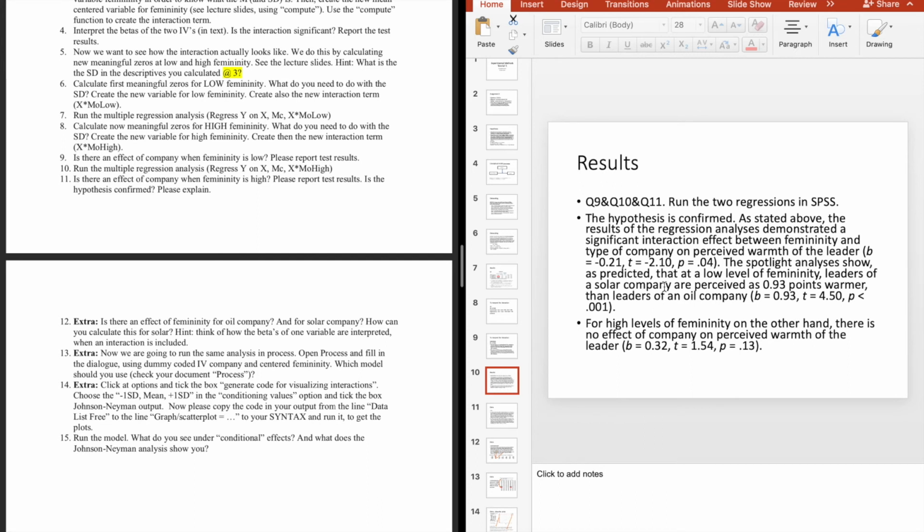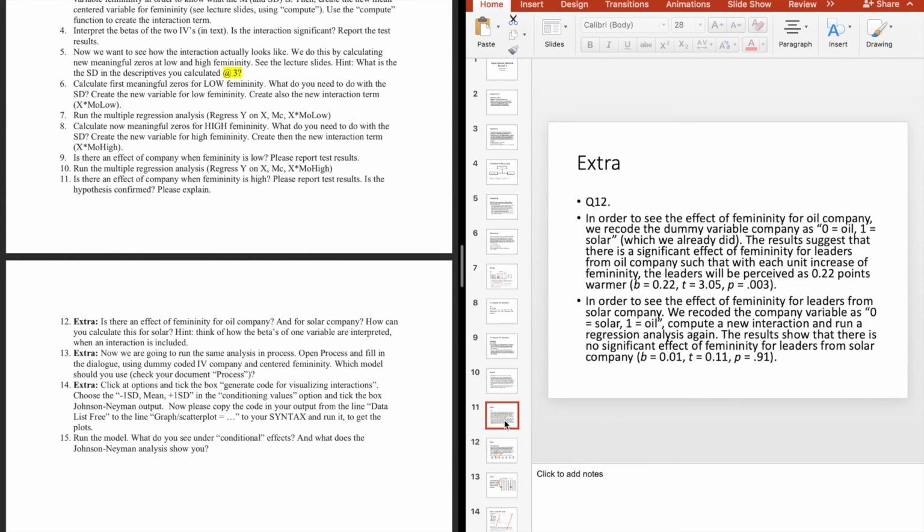Okay. In our case, our interaction is significant, and then the spotlight analysis showed and predicted that at a low level of femininity, leaders of a solar company are perceived as 0.93 points warmer, while there is no effect of company on perceived warmth of the leader when people are at high levels of femininity.